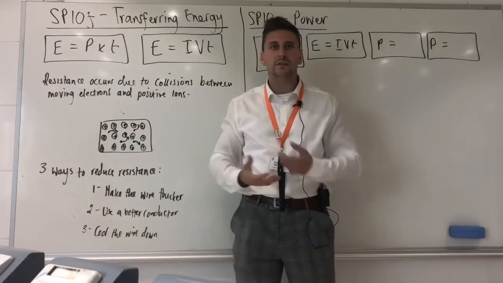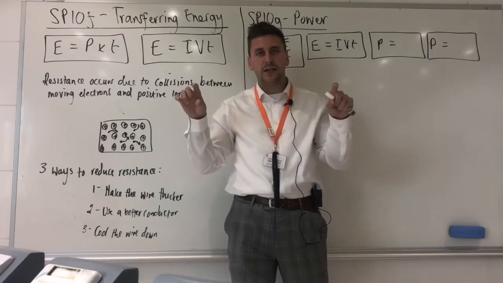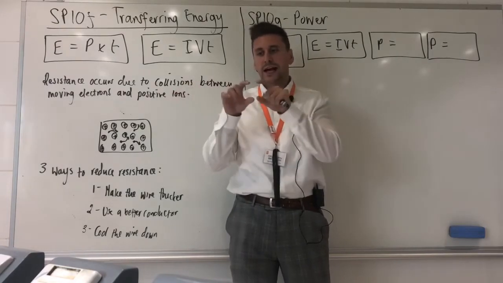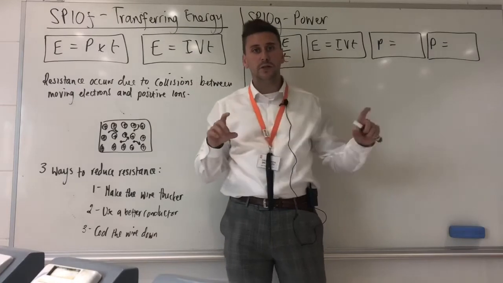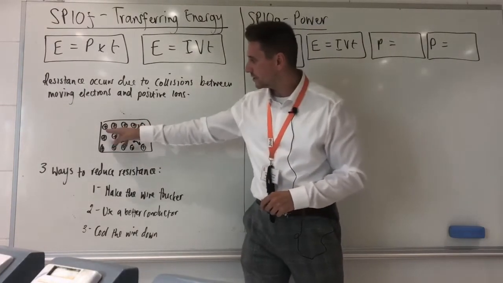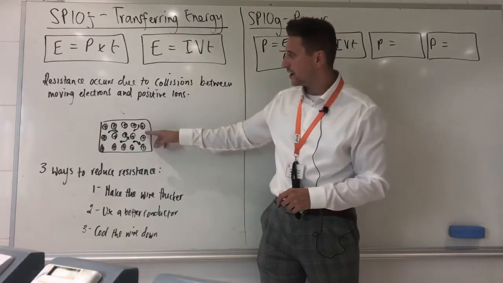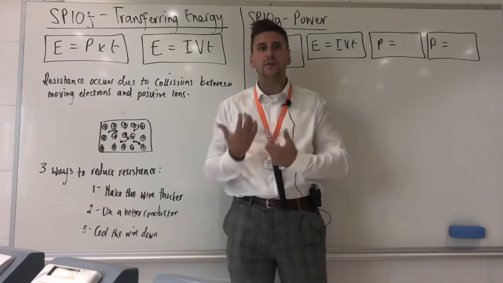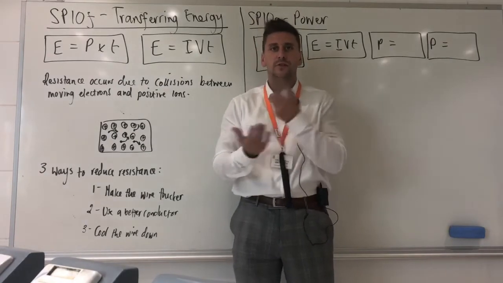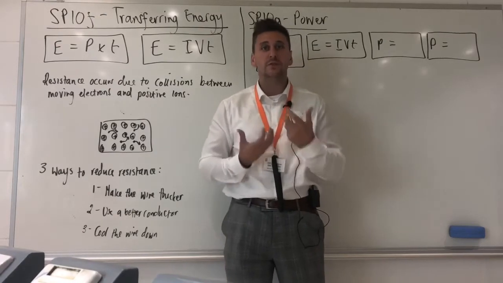We know that metals used for circuits and wires generally tend to be metals with a lattice of positive ions, and then electrons that can freely move between those ions. Now in this diagram, they're your positive ions, and your electrons are passing through those ions around the circuit inside the wire, but there's going to be some friction, some collisions between the electrons and the positive ions, causing heat to be generated and that resistance to occur.